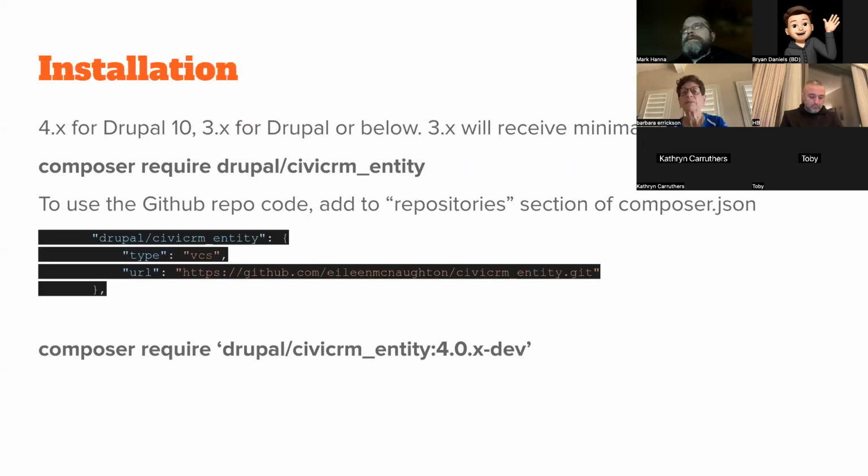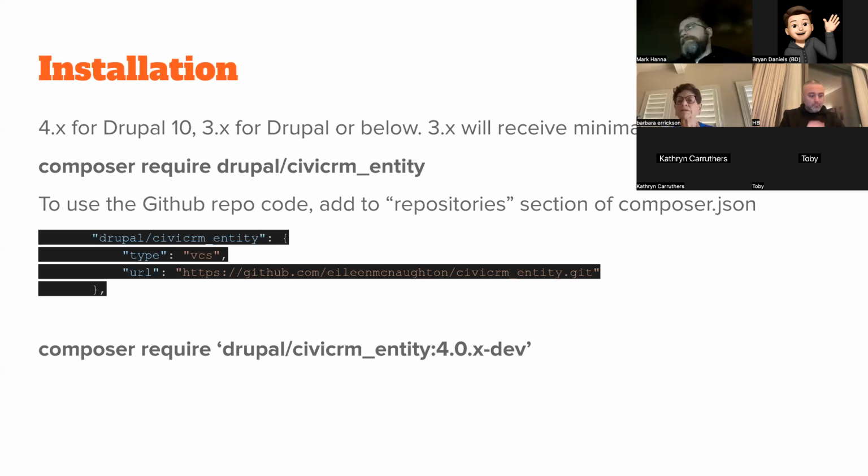Real quick, installation: use Composer. For Drupal 10, 4.x branch, just run composer require drupal/civicrm_entity. If you want to use the GitHub repo, I put a little code snippet in here showing how to inform Composer to pull in the version from the GitHub repo. It's really stable. Things don't get merged until we feel we're going to put them in the official Drupal version, so our release cycle is a little slow and careful.